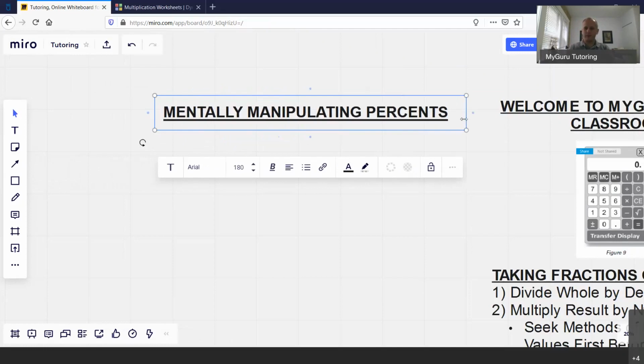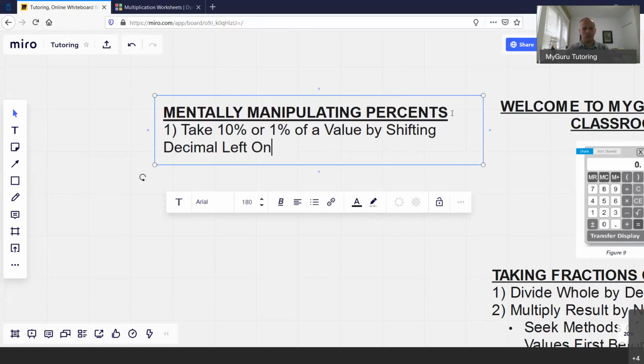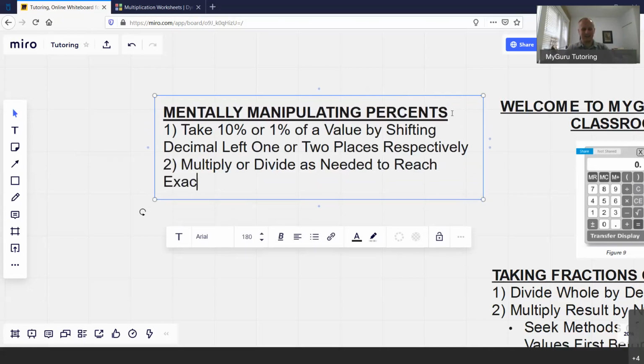With percents, for step one, you want to take 10% or 1% of a value by shifting the decimal left 1 or 2 places, respectively. Then step two is to multiply or divide as needed to reach the exact sought percentage proportionally.